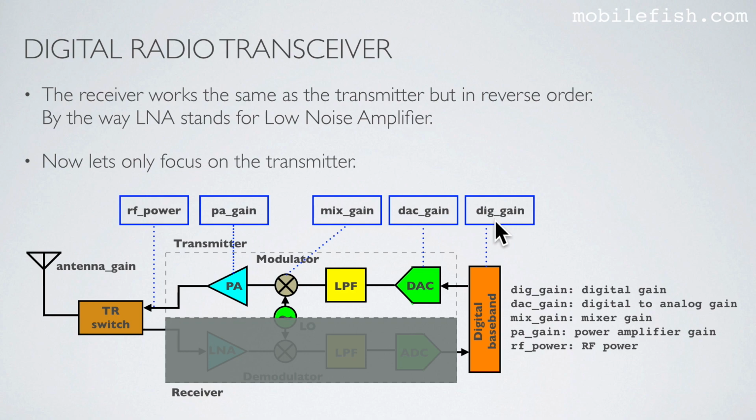This is the digital gain. This is the digital to analog gain. This is the mixer gain. And this is the power amplifier gain.